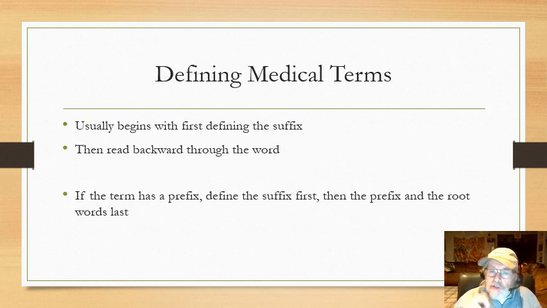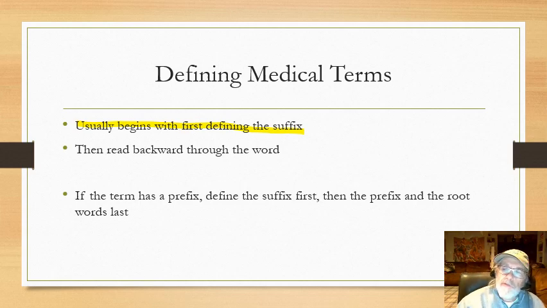But sometimes we get a word that we have to define. We usually do this by defining the suffix first. This sounds a little bit counterproductive. You say, well, the word root is the major center portion of the word, but that's not how we define it. We actually start with the suffix first.